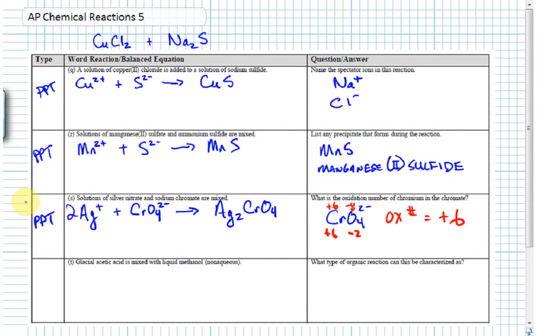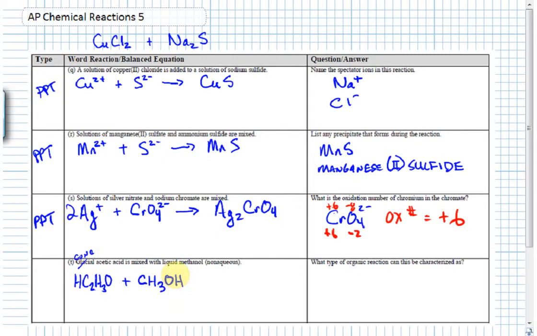Sure. Okay. Lastly, glacial acetic acid. Glacial. Weird name. It's just another way of saying concentrated acetic acid. So, got to be able to write that formula. C2H3O2. Acetic acid is a carboxylic acid. Okay. With methanol, CH3OH, our simplest alcohol.